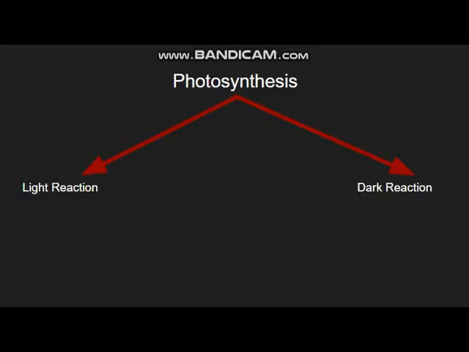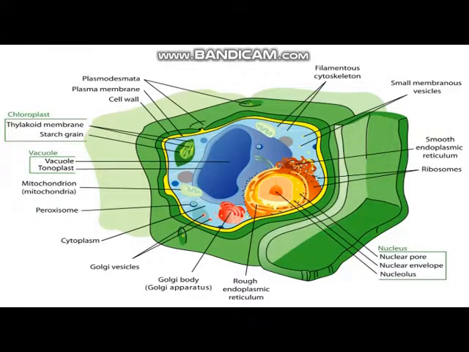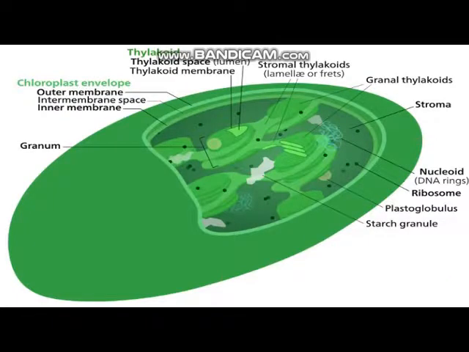So this all happens in the plant cell, as we see here, and gets even smaller to something called the chloroplast here. And this is where photosynthesis happens, you see? But if we go even deeper, there's something called thylakoids.